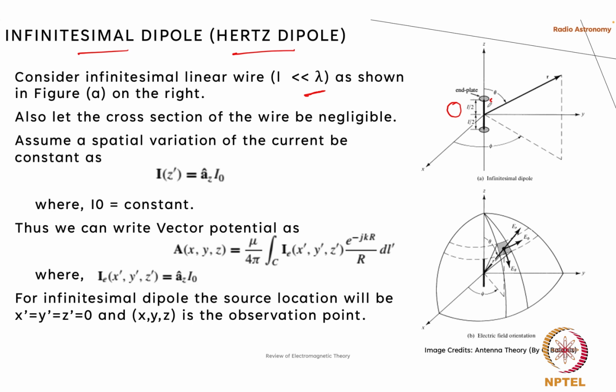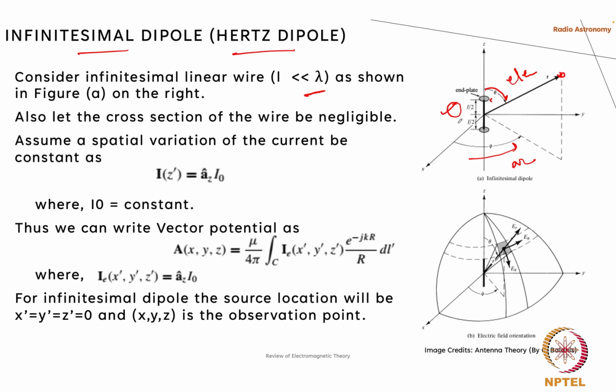Above the origin you have L by 2, below the origin you have L by 2. You are calculating the field at distance R from it, where theta is the elevation angle and phi is the azimuth angle.